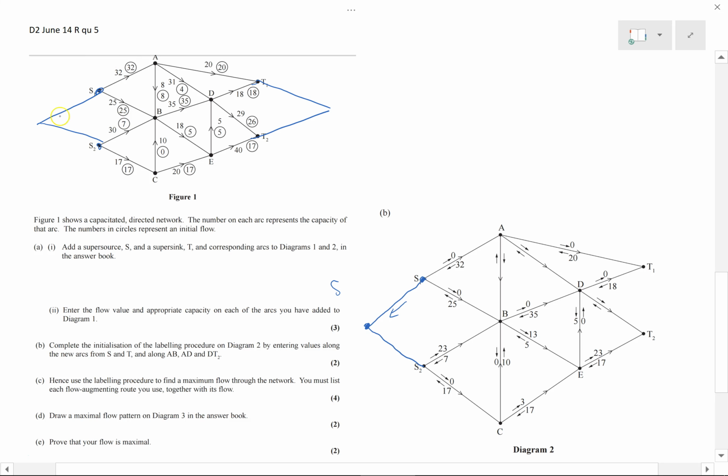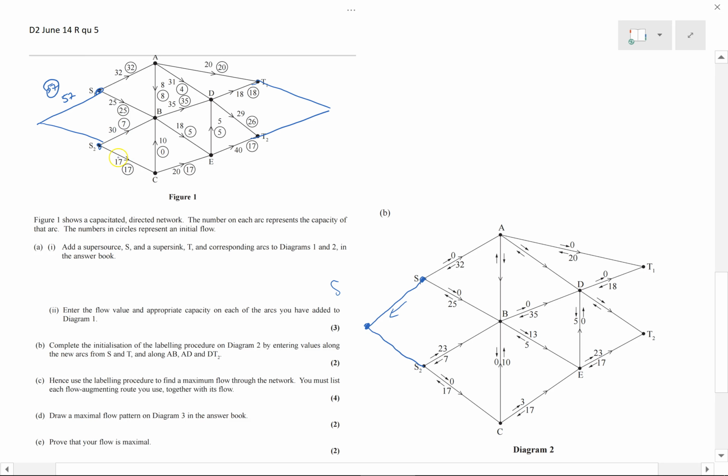That's 57 along the arc, and because the flow along the arc is 57 as well, we've got 57 and 57.